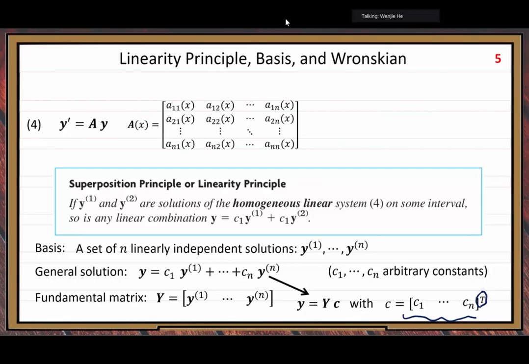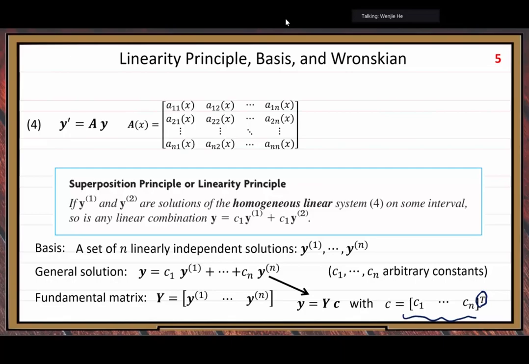So this C is a column vector. So the product of the square capital Y matrix with this column C vector is the representation of our general solution.